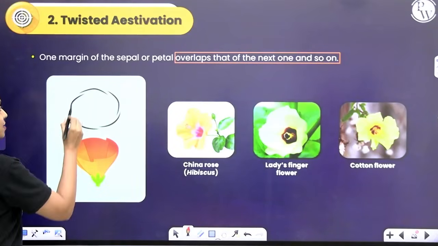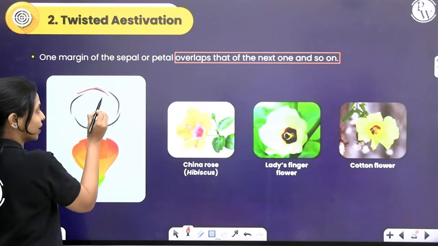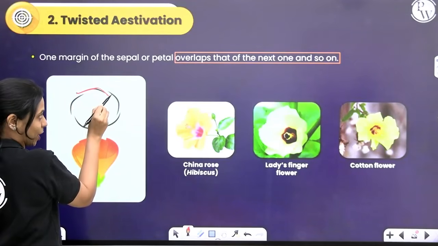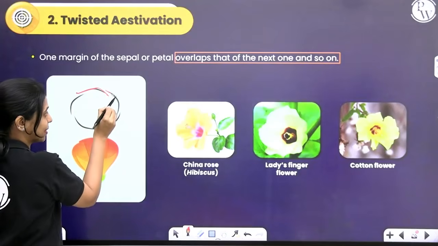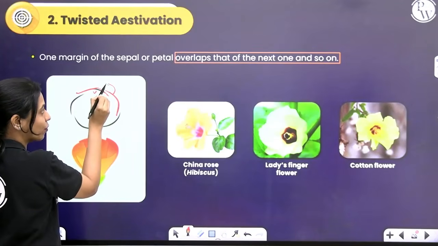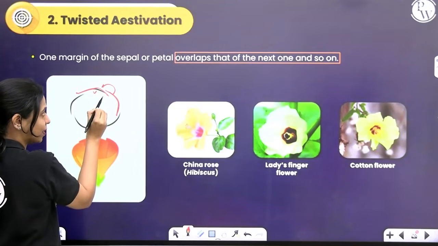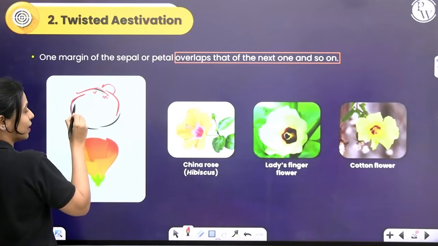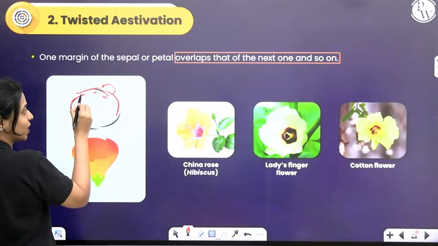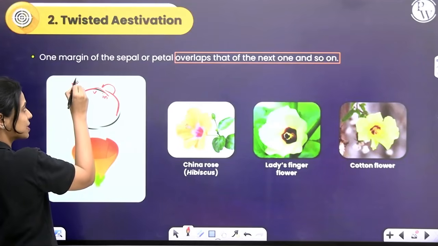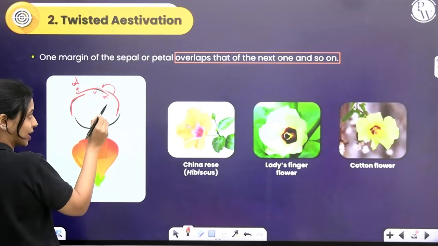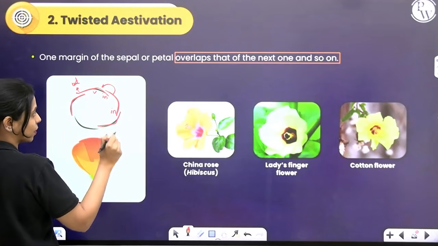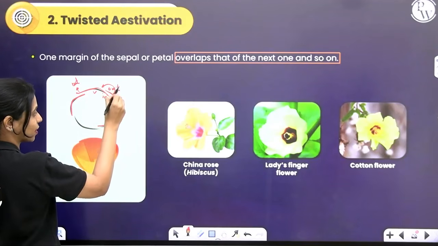Okay, so let's consider this petal first. If you look at this petal, this is one margin, this is one margin. If you look at the neighboring petal, immediate next one, this petal is being overlapped by this one. So this petal is half inside. If you look at its previous petal, this petal is overlapping the previous one. So it is half outside. If you look at each petal, you can see how it is half outside, half inside. Okay, so here this petal is outside. This is in.